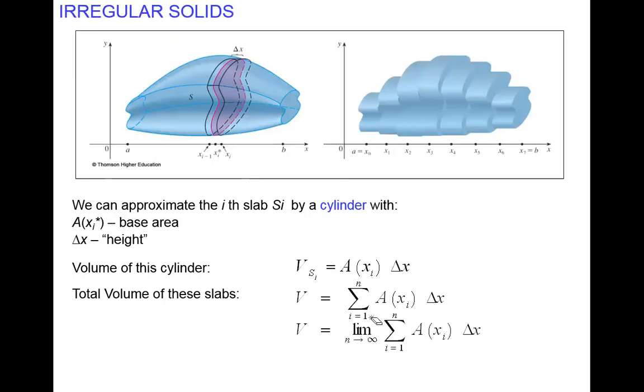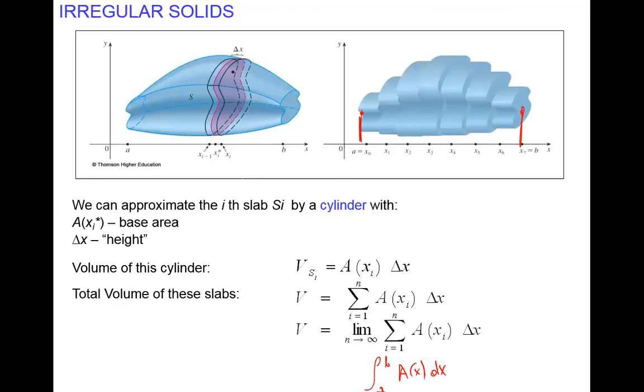And of course, we recognize the limit of the sigma is simply an integral, and we need the limits from A to B. That means the final formula: in order to find the volume, we have to find the cross-sectional area and just integrate.